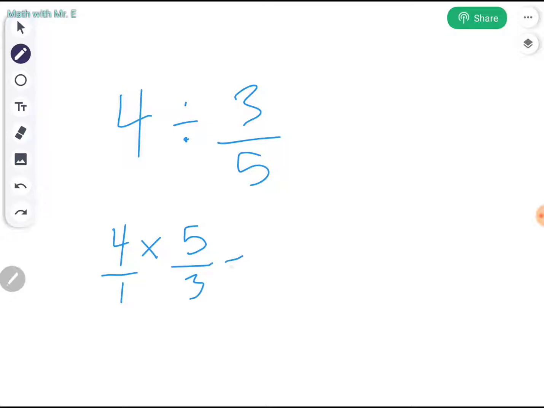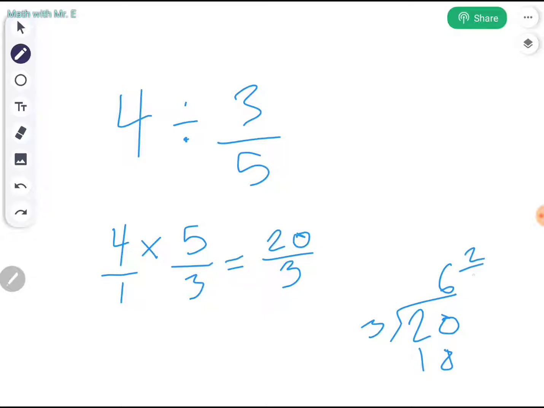Now 4 times 5 equals 20, and 1 times 3 equals 3. And then our last step is just to divide. 20 divided by 3. 3 goes into 20 6 times, that's 18. So we are left with 2/3. So 4 divided by 3/5 equals 6 2/3.